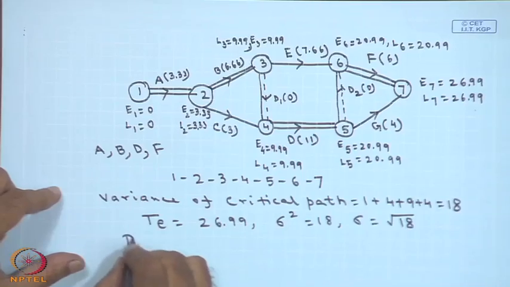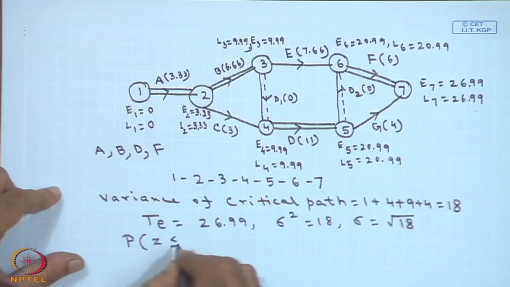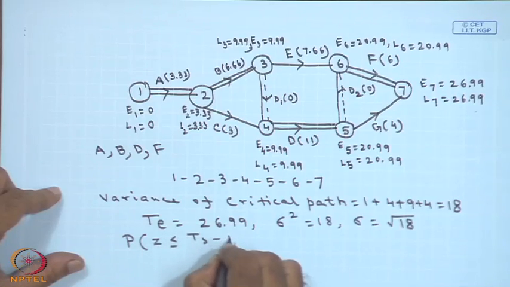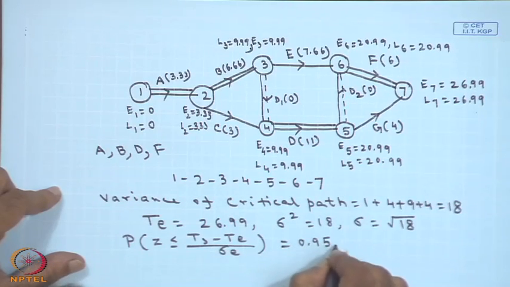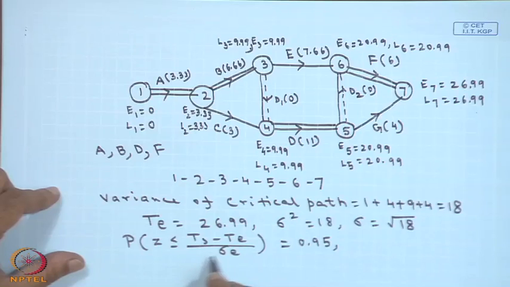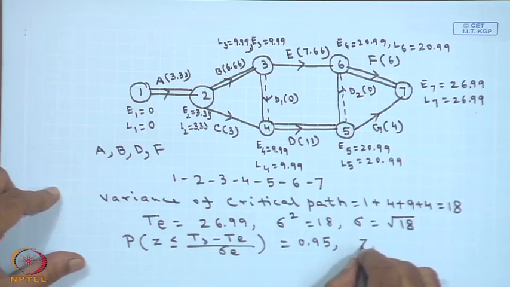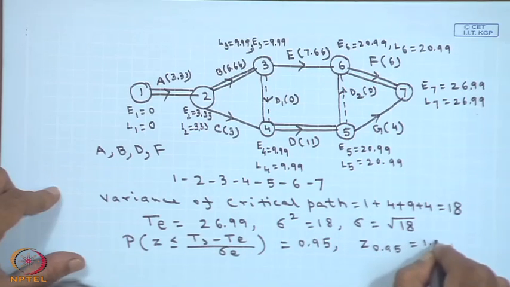We know the probability of Z less than or equal to (Ts minus Te) by sigma equals 0.95. Now, if you see the normal table, the Z of 0.95 has a value of 1.64.